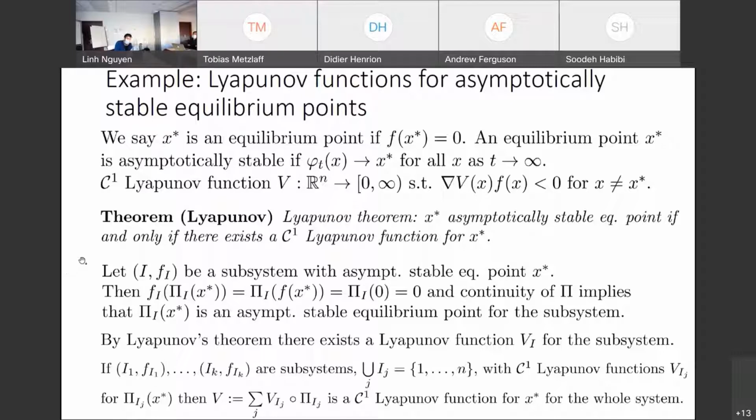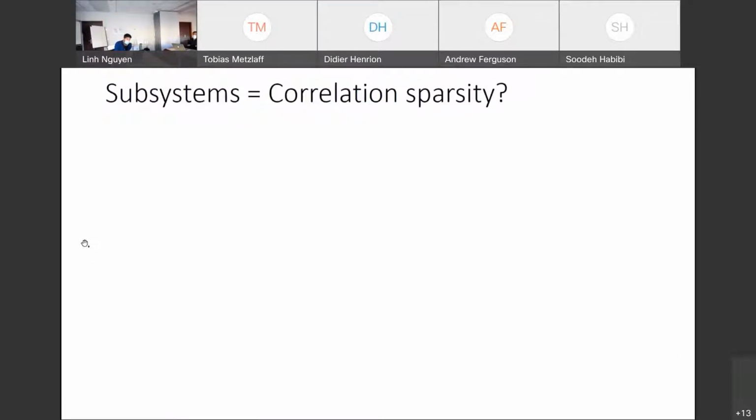Yeah. So that shows some interplay between the subsystems and the whole system. So that might also lead to the question of whether subsystems are just correlation sparsity. And here I would say yes and no. This depends on the notion of correlation sparsity.